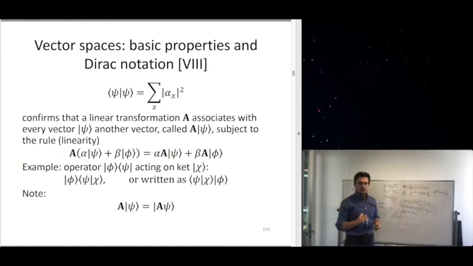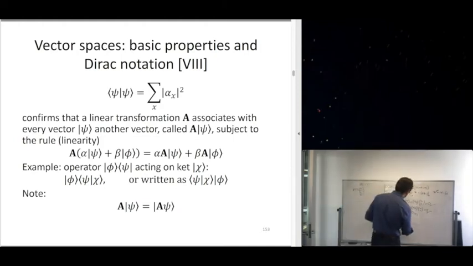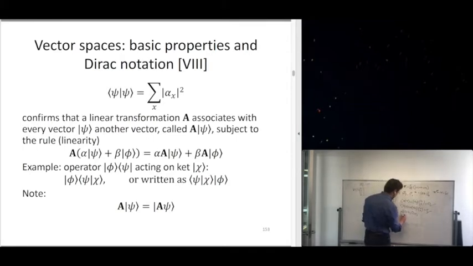Another example that you see here in the slides is an outer product, which is used to create operations. Let's say I want to have a projection operator on the state 0. I would write that in this form. So instead of the inner product, I now have the outer product.